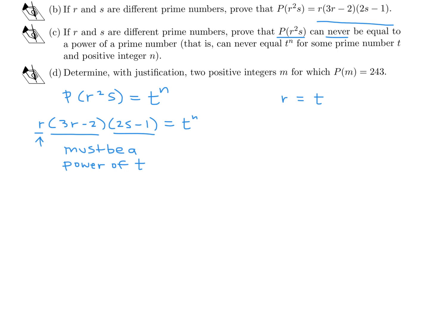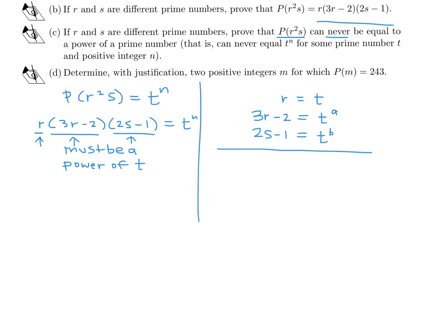So the next guy, 3r minus 2, I don't know what that is, so let's say it's t to the power of a. And this next guy here, 2s minus 1, let's say t to the power of b. Okay, let's see what we can get. This equation here, if I use the fact that r is equal to t, becomes 3t minus 2 is equal to t to the power of a.